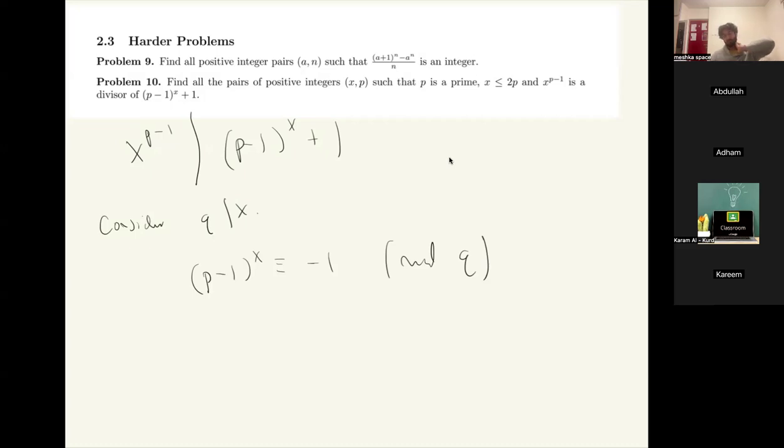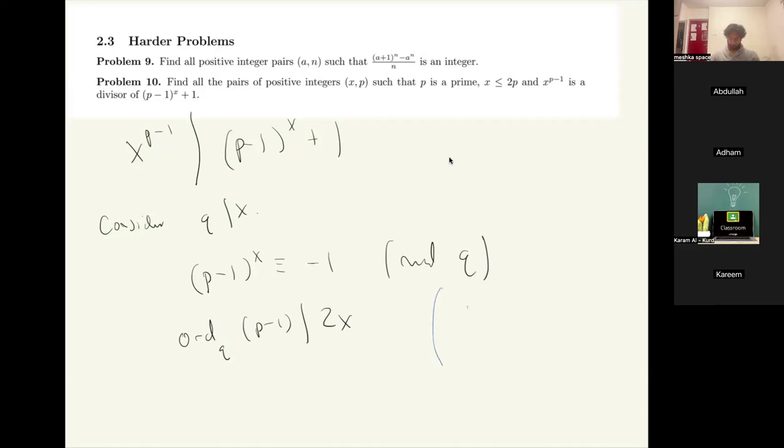Okay, so what does this tell us? That the order of p minus 1 mod q divides 2x. It divides 2x. And in fact, from previous things, we know a little bit more.